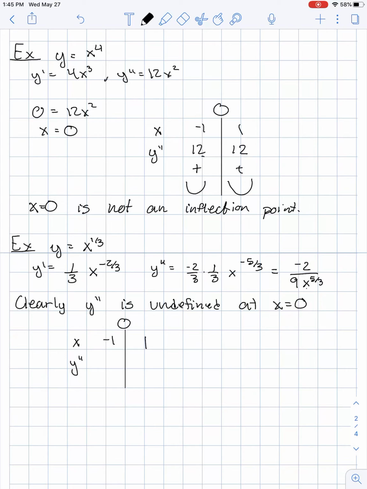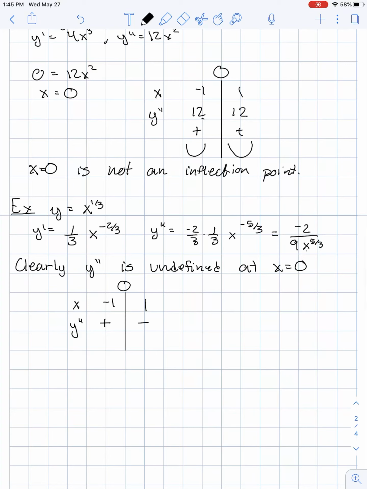That's also going to be negative 1. So that's a negative divided by a negative, so that's a positive. And if I plug in 1, 1 to the 5/3 gives me 1. So I'll get negative 2 over 9, which is a negative number. Here, I'll put those numbers in. Again, I just like to do the signs.